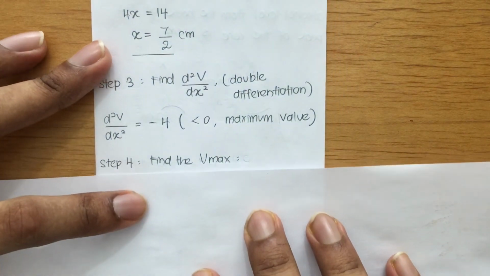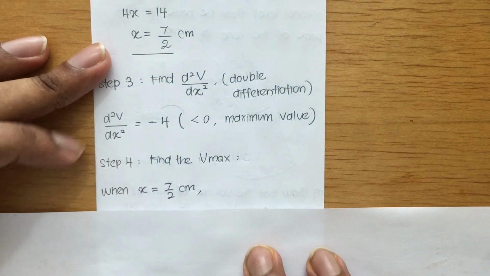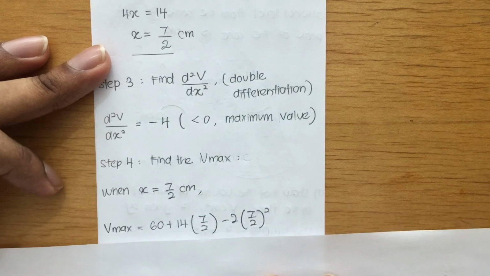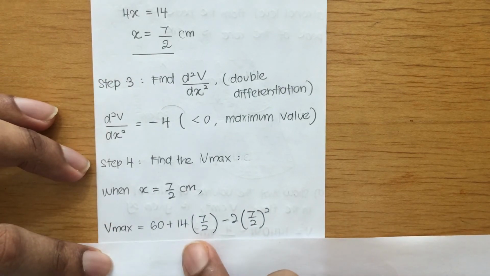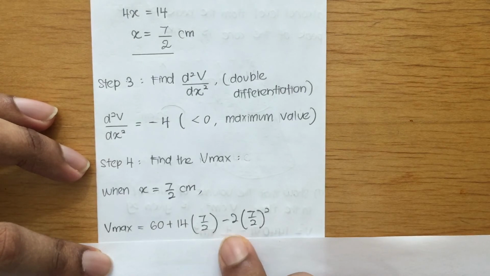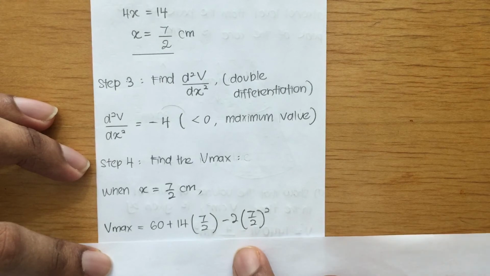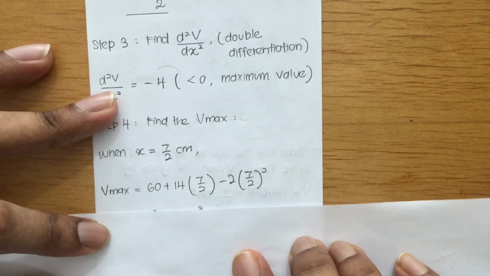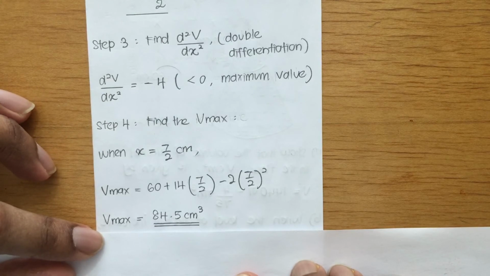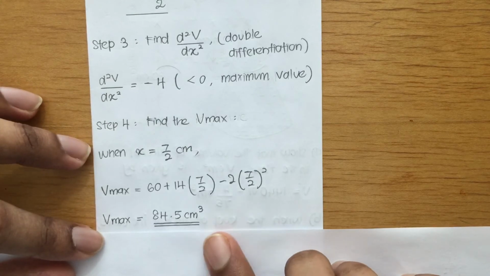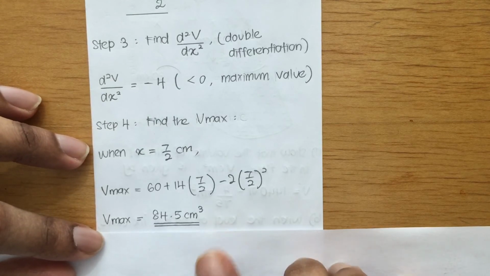So when x equals 7 over 2 centimeter, V max equals 60 plus 14 times 7 over 2 minus 2 times 7 over 2 squared. You key in your calculator, so you should get your answer. Maximum volume equals 84.5 centimeter cube. So this is your final answer, guys.